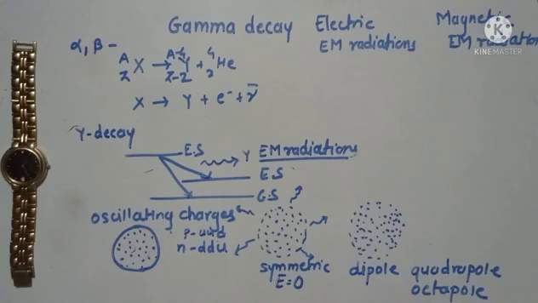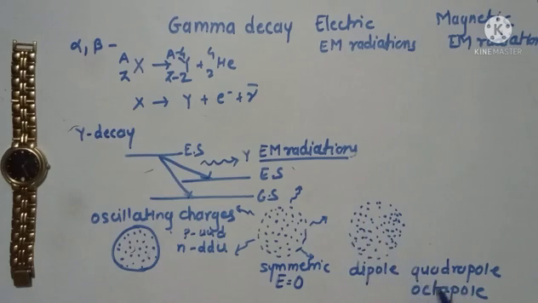The electromagnetic radiations given out by symmetric, dipole, quadrupole or octupole charge distributions are different, and by measuring them we can say whether the radiation is coming from a dipole type nucleus or a quadrupole type nucleus, and so on.